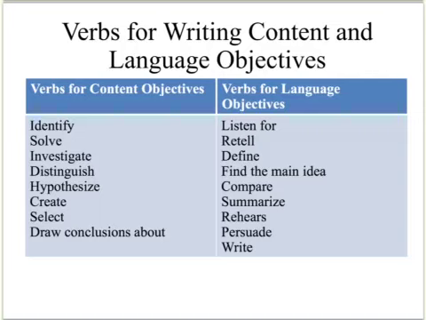Once you have written your content and language objectives, you might use this checklist to evaluate them. Number one, the objectives are observable. The objectives are written and presented in language the students can understand. The content objective is related to the key concept of the lesson.